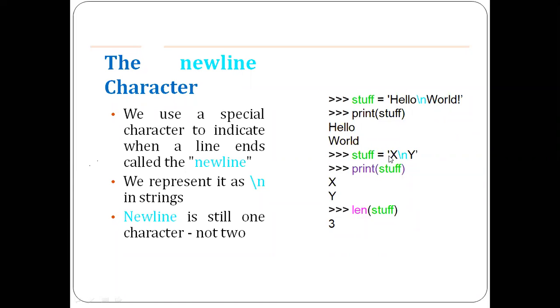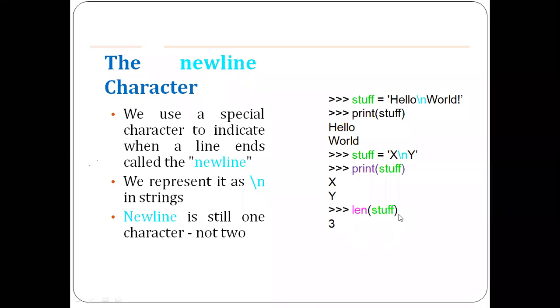So this is treated as one string of length 3: this is one character, this is another character, and this is the third character. But what happens when you print this one, you will get something unexpected, right? X will be printed in the first line, followed by backslash n, which is nothing but a newline character, and in the next line it is going to print the value y.